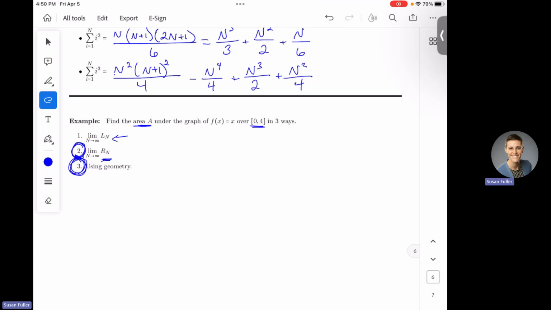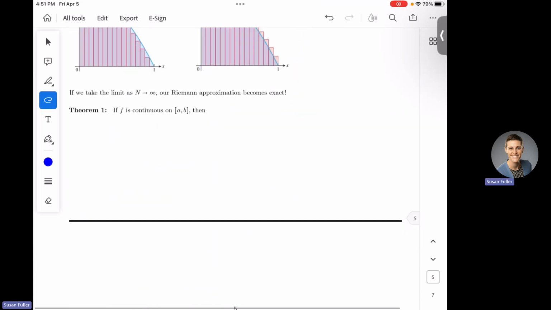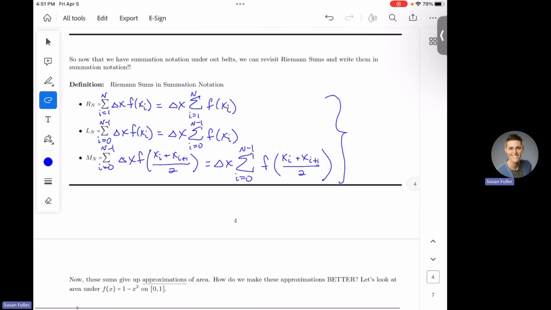Okay, so let's start by finding the limit as n goes to infinity of R sub n. First of all, I'm going to find R sub n by itself, and then I'll take the limit as n goes to infinity of that. Now, R sub n is a right Riemann sum with capital N intervals, or capital N rectangles.